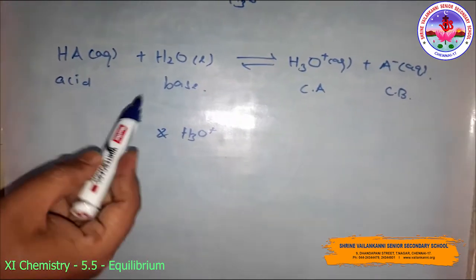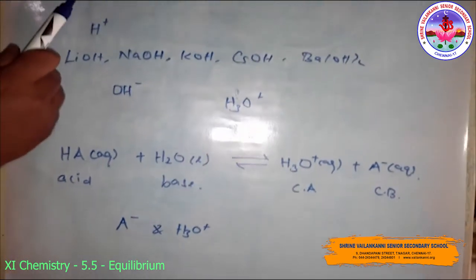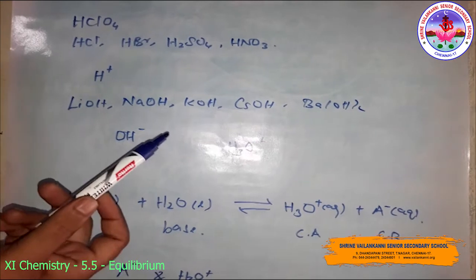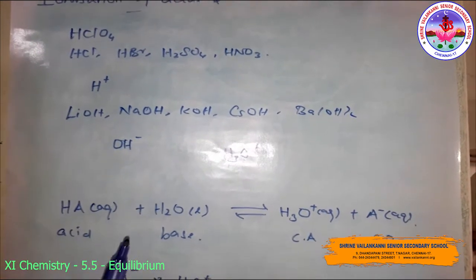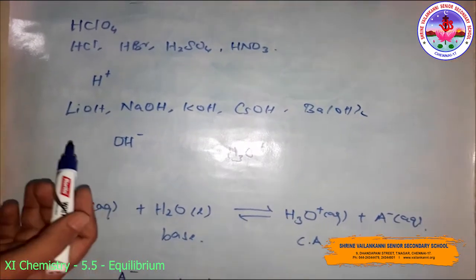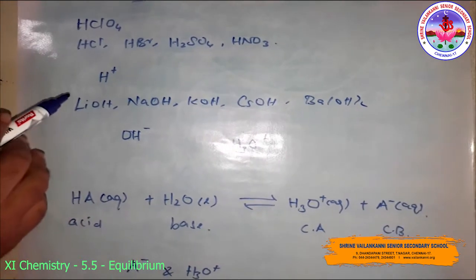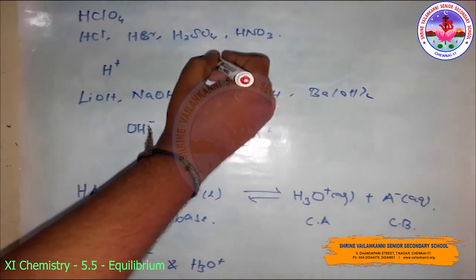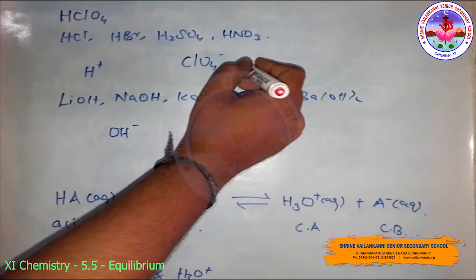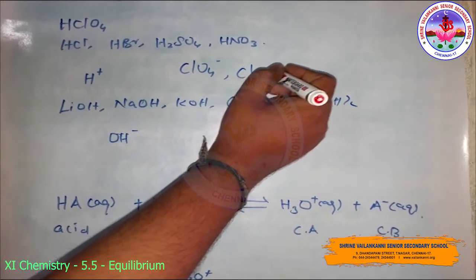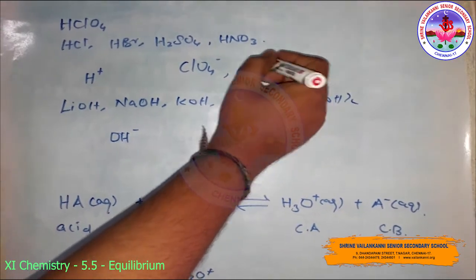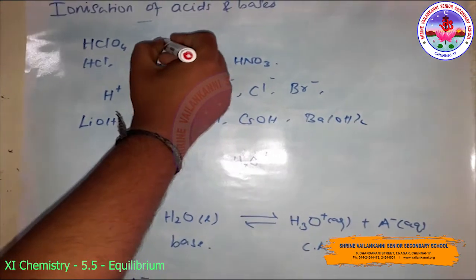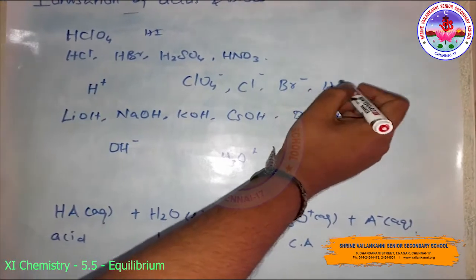Strong acids like perchloric acid, sulfuric acid, hydrochloric acid, hydrobromic acid, hydroiodic acid give conjugate bases like ClO4 minus, Cl minus, Br minus, and I minus in the case of HI.